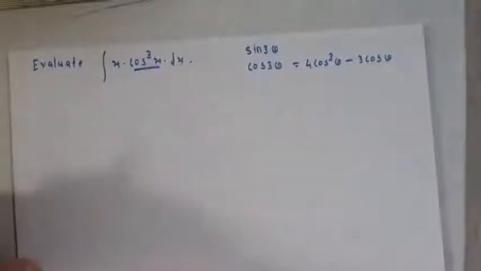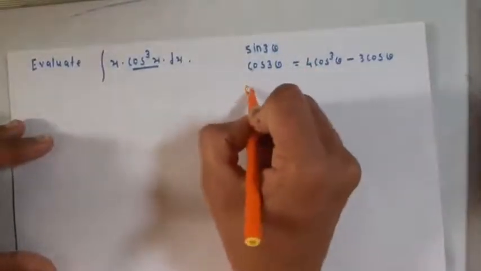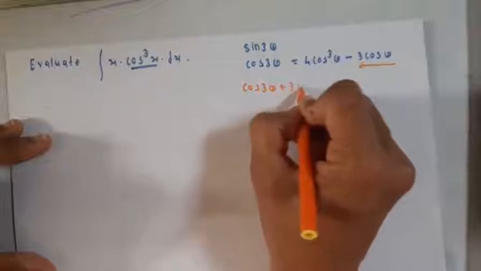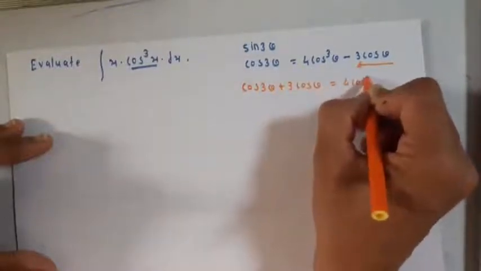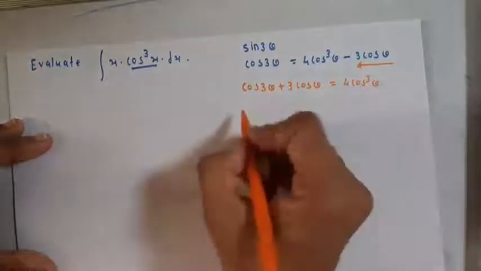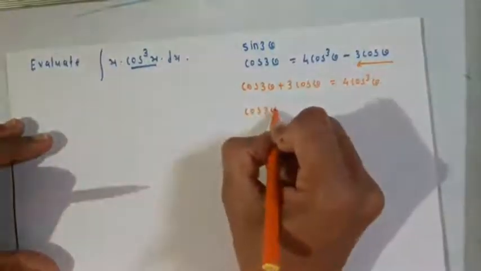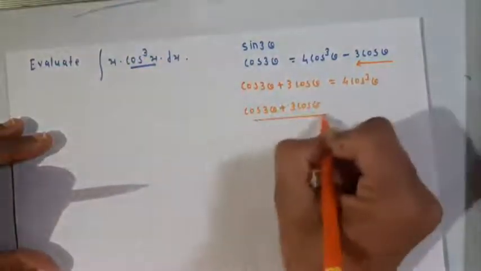This implies cos 3 theta equals 4 cos cube theta minus 3 cos theta. Shift the term to that side: cos 3 theta plus 3 cos theta equals 4 cos cube theta, and that's why cos cube theta equals cos of 3 theta plus 3 cos theta upon 4.